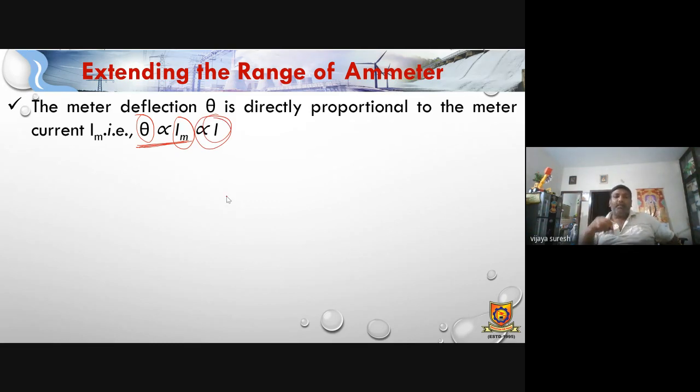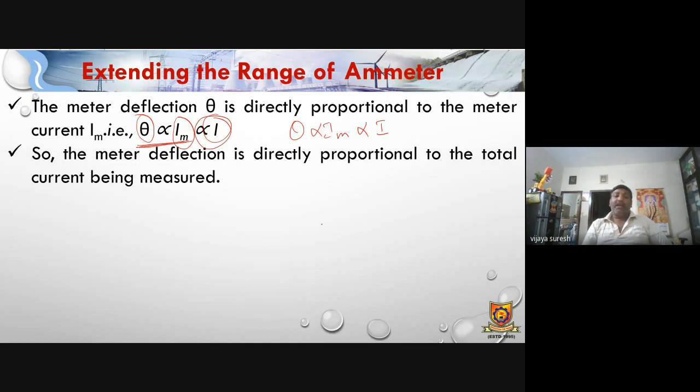I is nothing but the amount of current to be measured. So theta is proportional to Im, as well as to capital I, where Im is the meter current and I is the current to be measured. So the meter deflection is directly proportional to the total current being measured. Nothing but A equal to B, B equal to C, so A equal to C. Theta is also proportional to I.